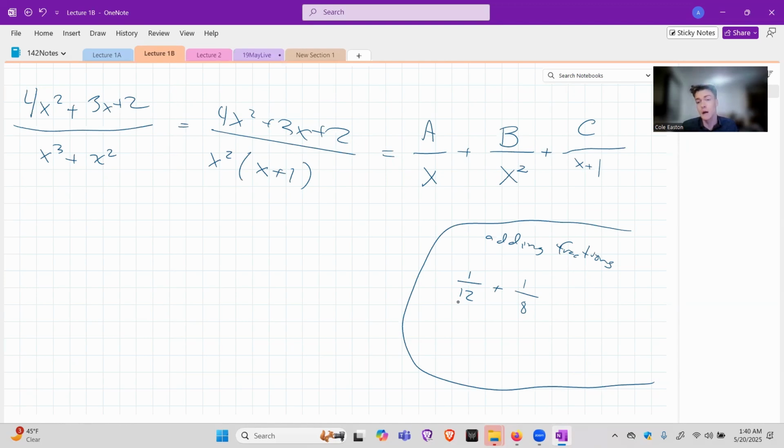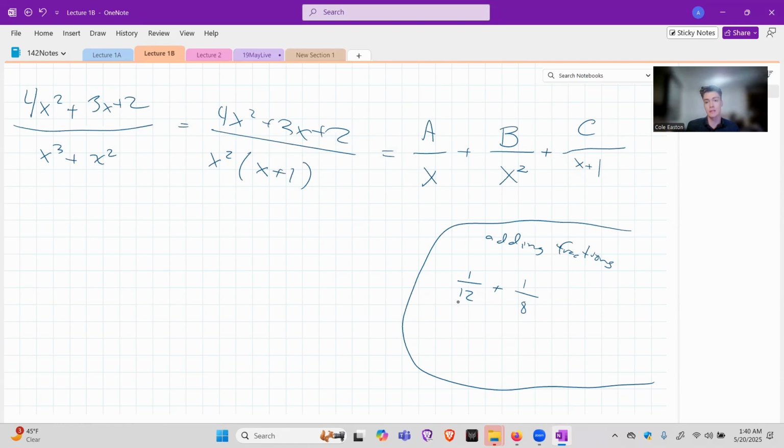I could, but it's going to be more complicated than I need to because we're going to end up having a pretty large denominator. And we're going to see that in our case, when we have these variables, if we always just try to multiply by everything else, it's going to get very unwieldy, and we're going to end up with things that we don't even know how to factor. So we don't want to do that.